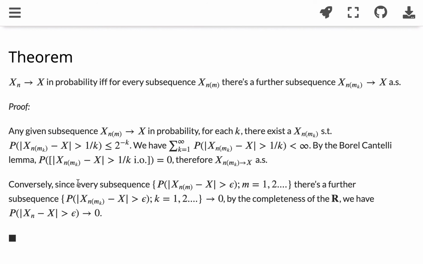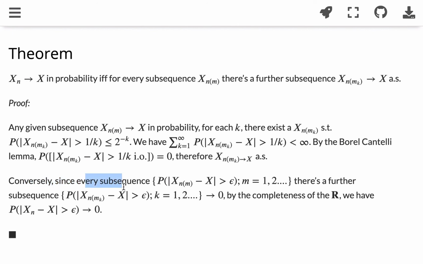Now let's prove the other direction. If every subsequence has a further subsequence that converges to X almost surely, then Xn converges to X in probability.